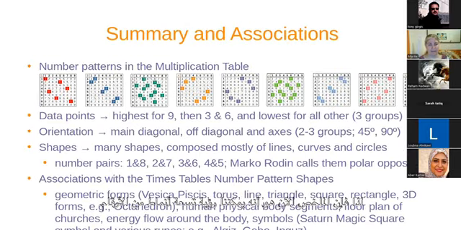So now the summary is that we can see 9 number patterns.